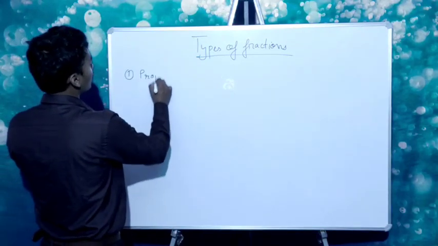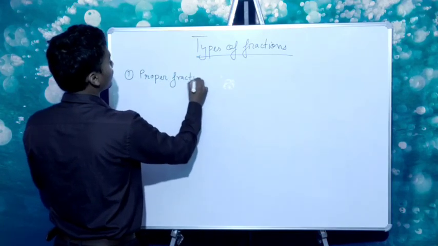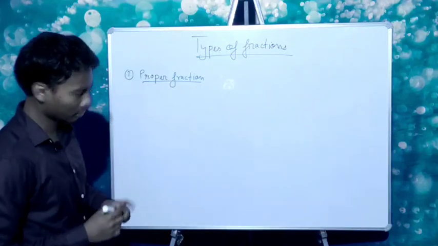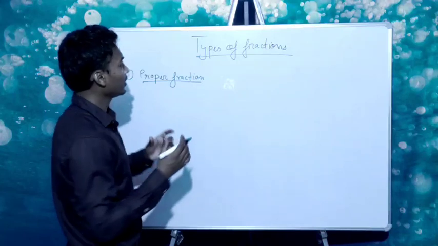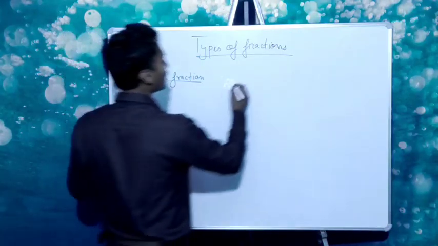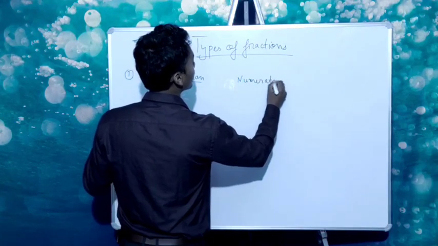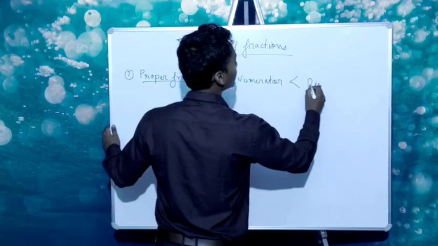First, we have the proper fraction. Now what is a proper fraction? So the basic property to be a proper fraction is that the numerator has to be less than the denominator.